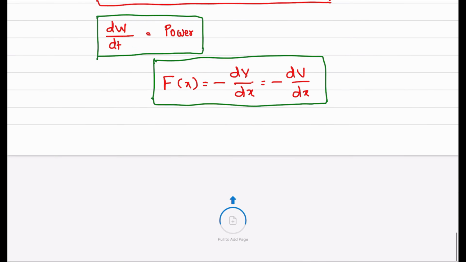The meaning of it is the negative gradient of potential energy is force.